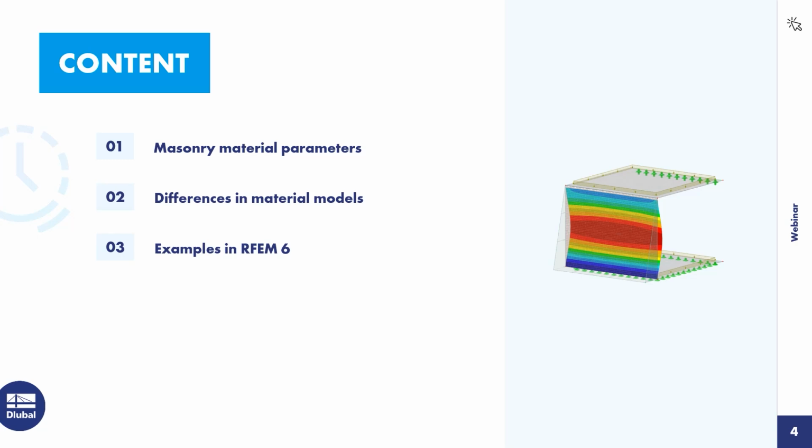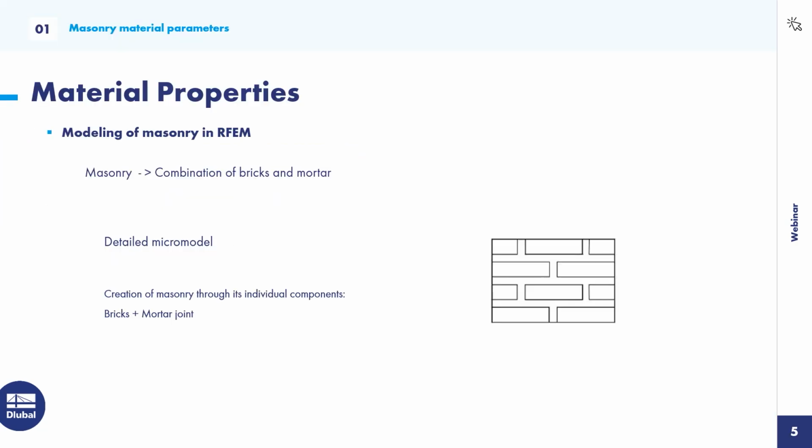In the first part, a few words to the material and the material parameters. The second part is about the differences of the implemented material models in RFEM. And as the last part, some examples in RFEM 6. Let us start with the material parameters.